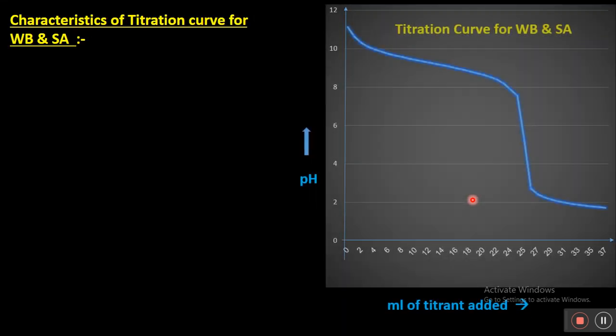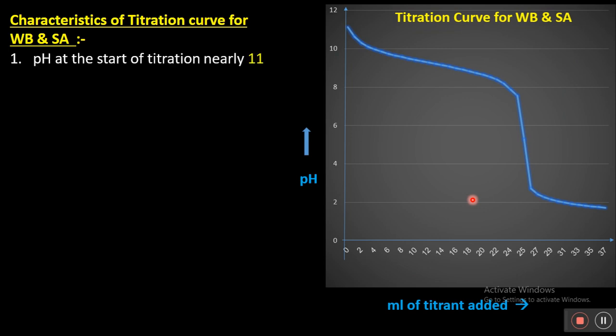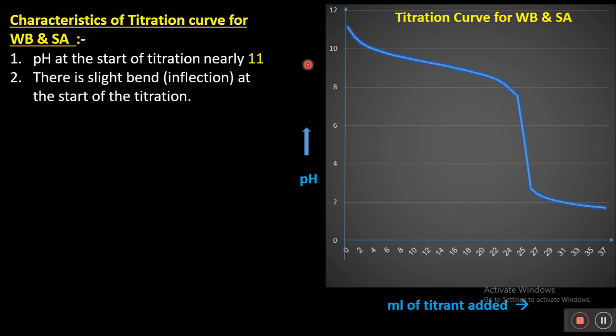Characteristics of the titration curve for weak base and strong acid. What will be the characteristics? First point, pH at the start of titration is 11. There is a slight bend or inflection at the start of the titration.